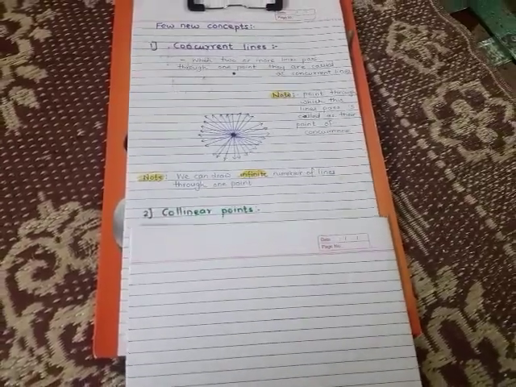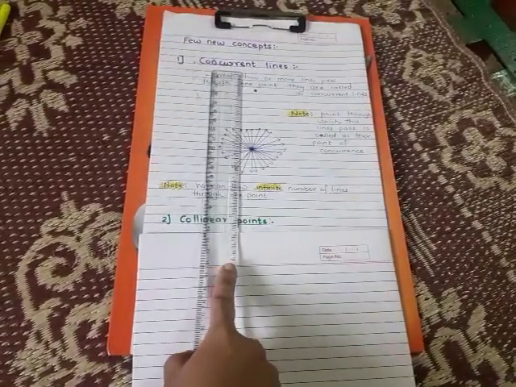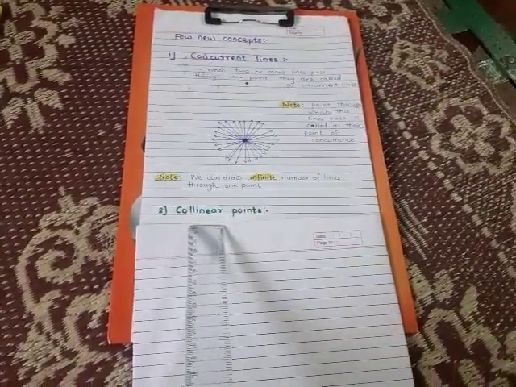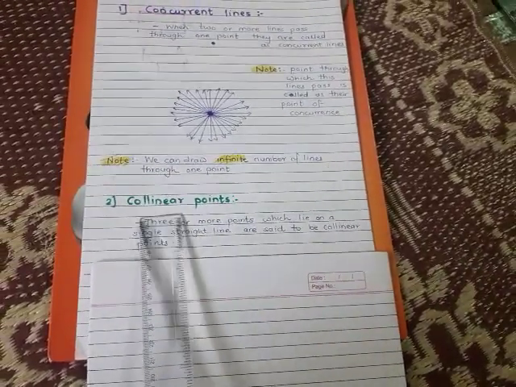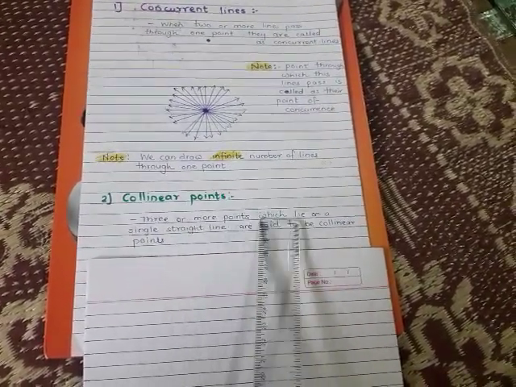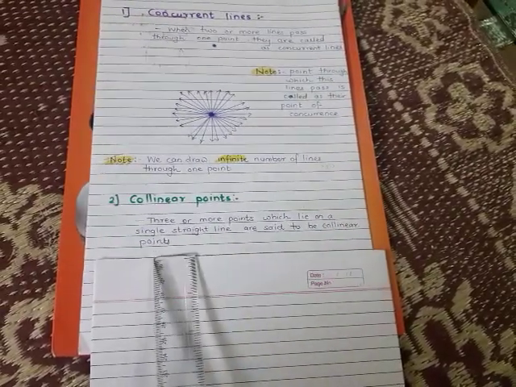So we'll go for the next part, that is collinear points. We have just studied concurrent lines. Now we will see collinear points. So what are collinear points? When three or more points lie on a single straight line, they are said to be collinear points.